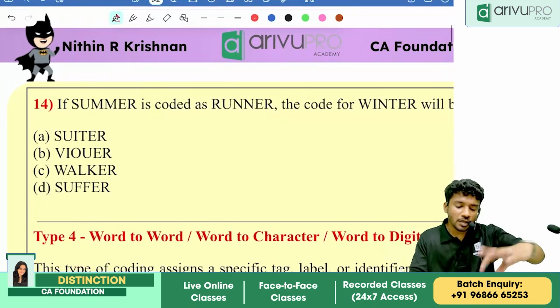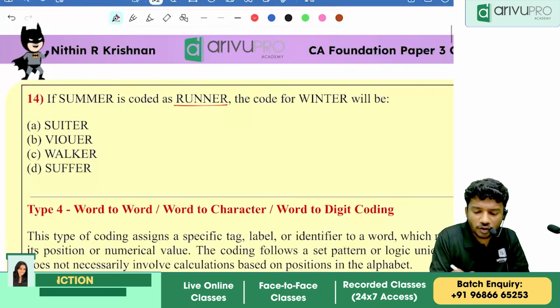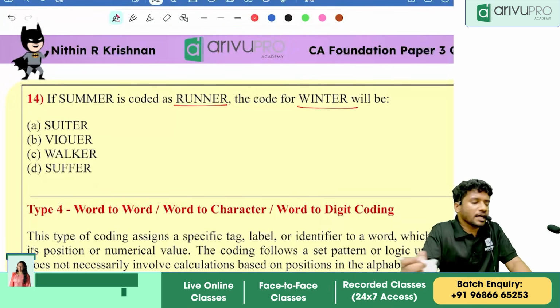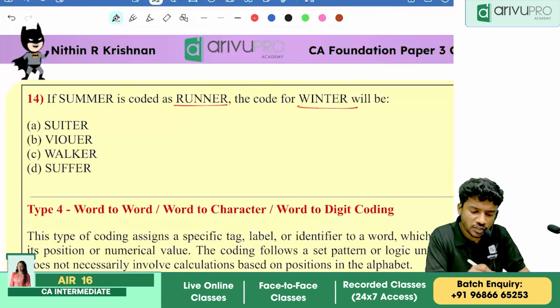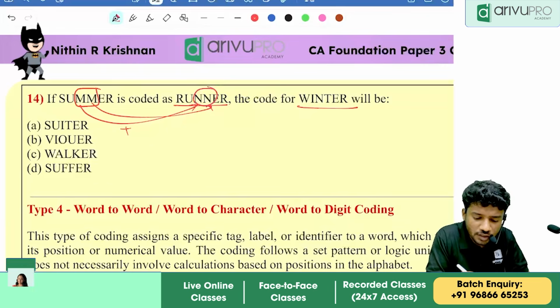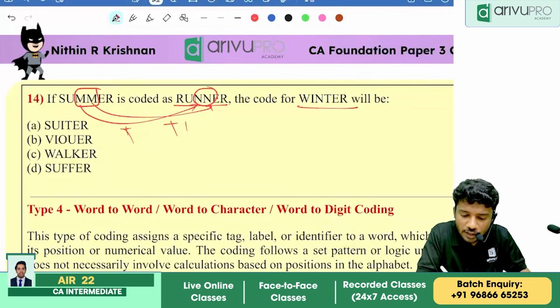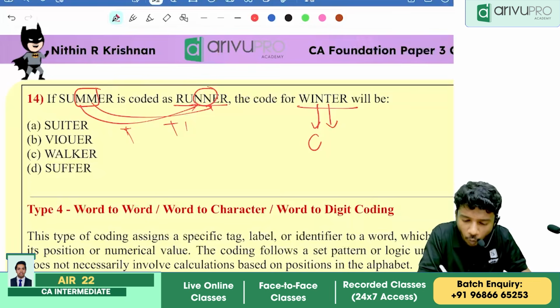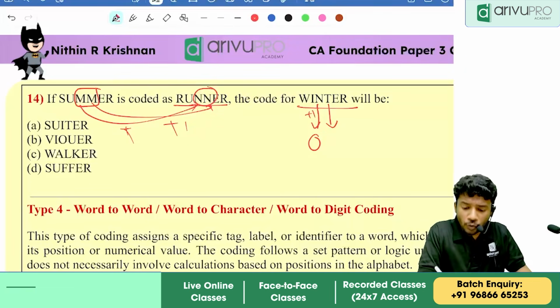Next one, people. Summer is coded as runner. Winter is coded as what is the question? If you check M and NN, that means what? The plus 1. The middle two letters are plus 1. The middle two letters are N and T. N will become what? O, plus 1. T will become what? U, plus 1.